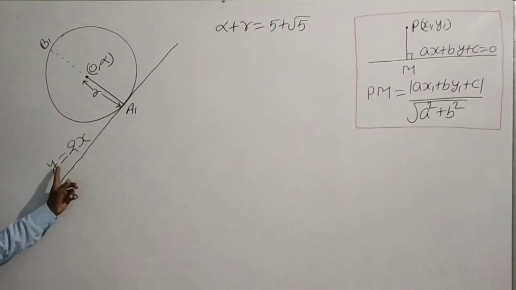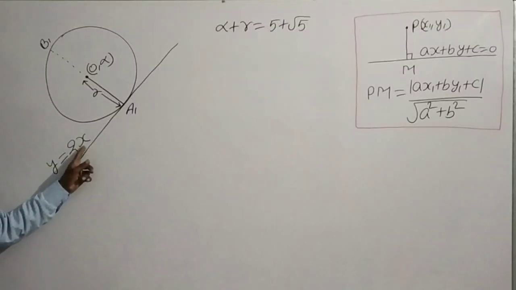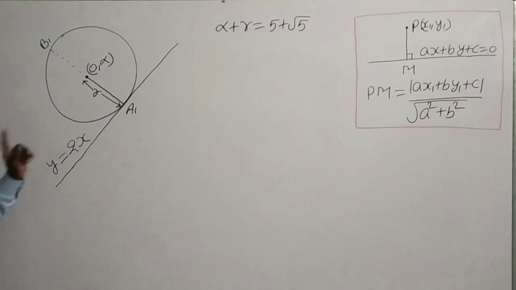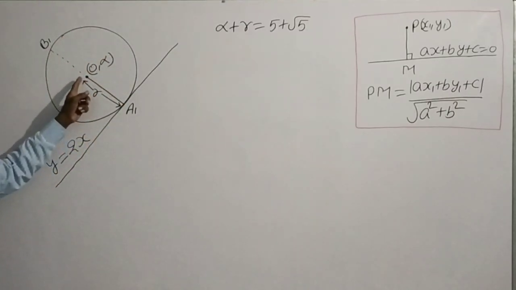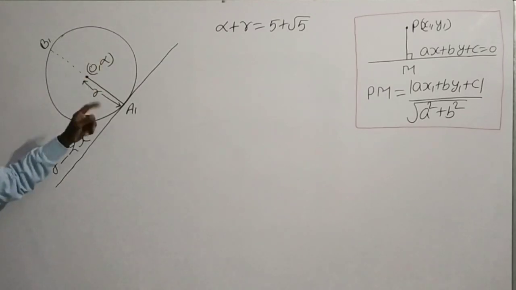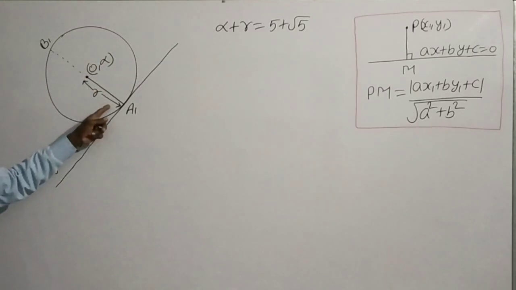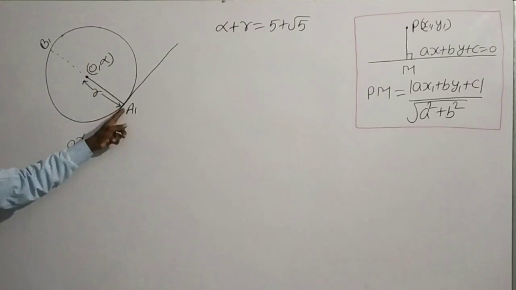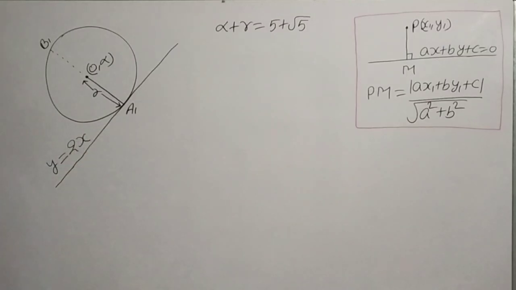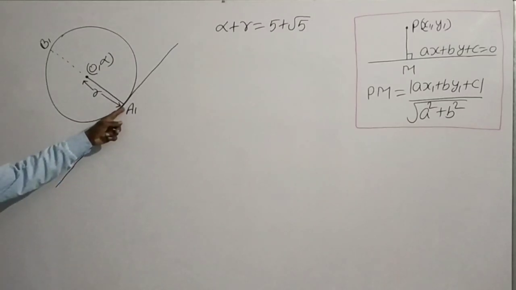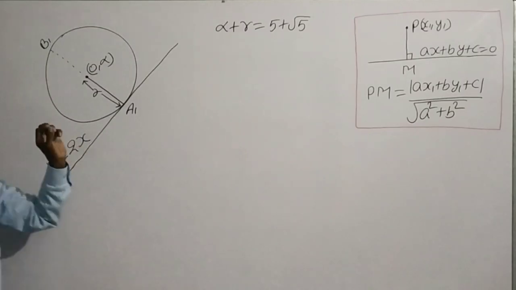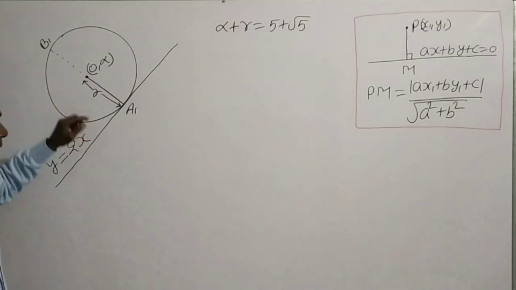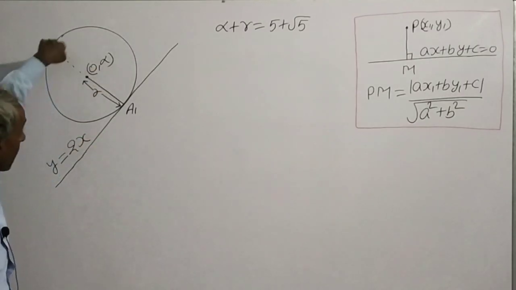A straight line y is equal to 2x touches a circle with center (0, alpha) and radius r at point A1, and line segment A1B1 is one of its diameters.